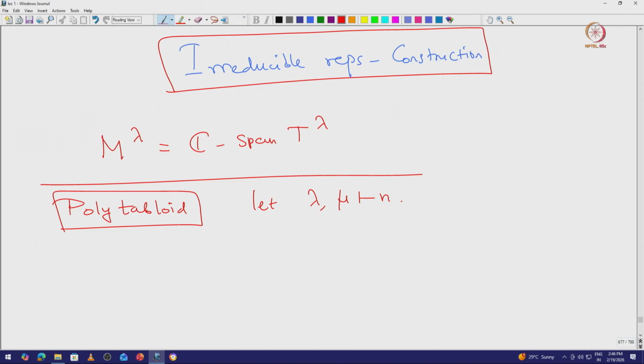Then we define a map, let us call it A_T, from M^μ to M^μ.